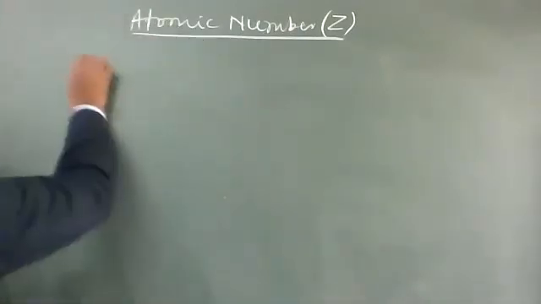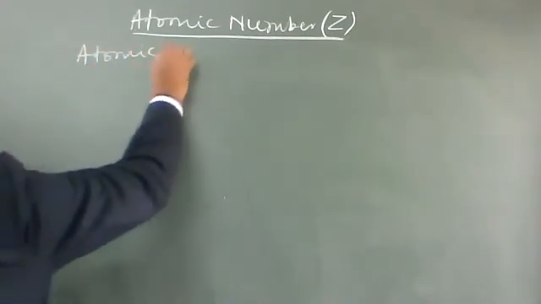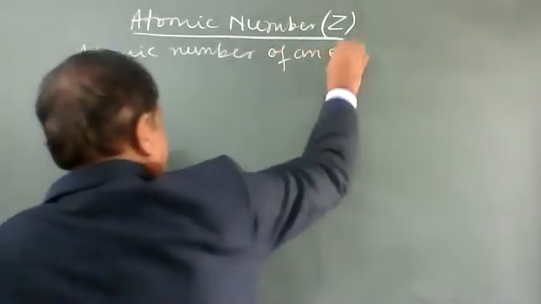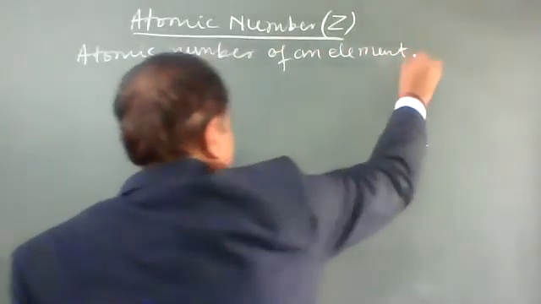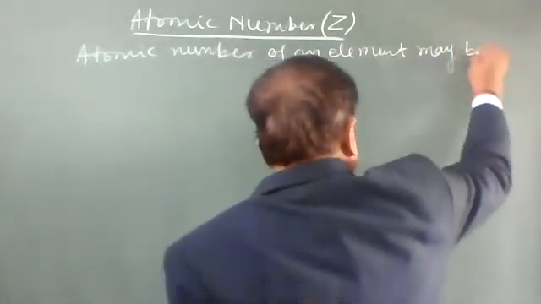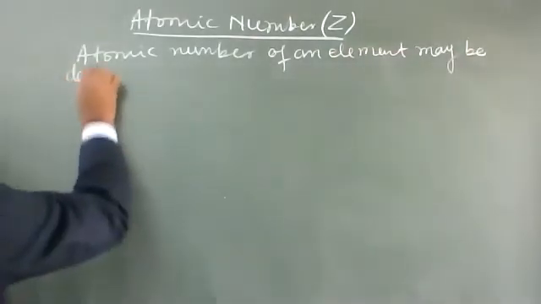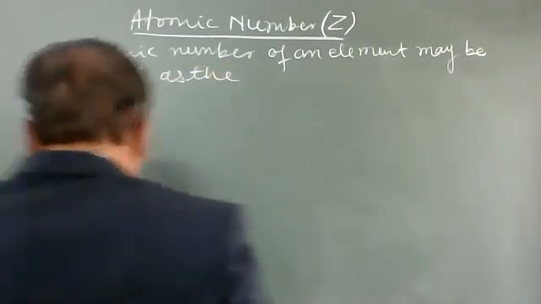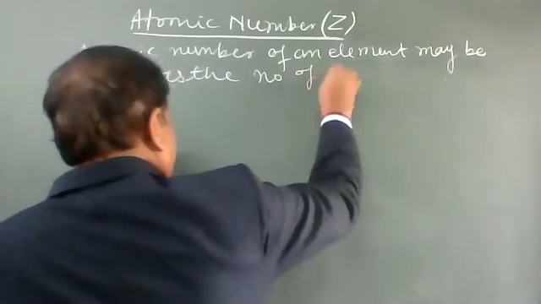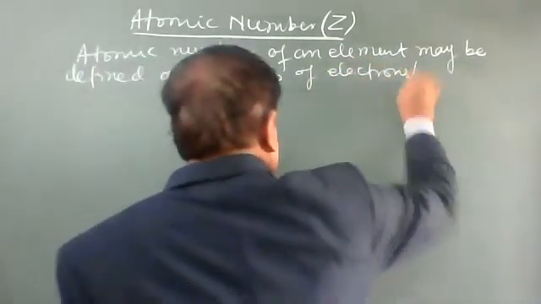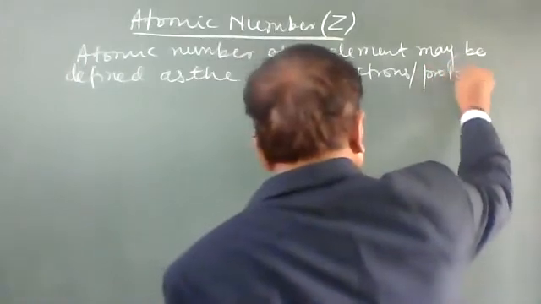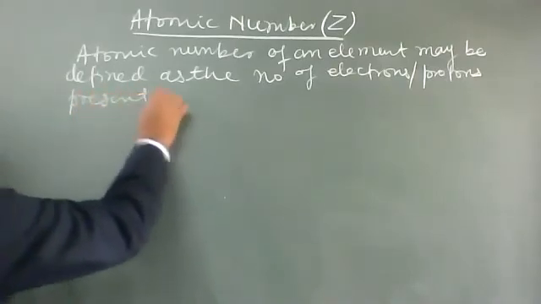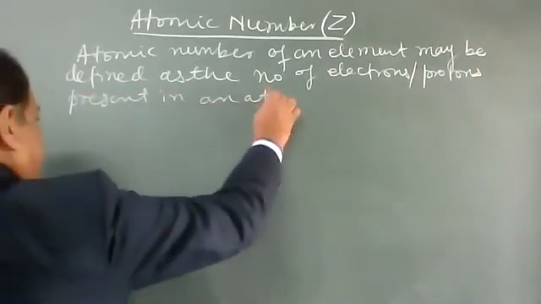So the atomic number of an element may be defined as the number of electrons or protons present in an atom.